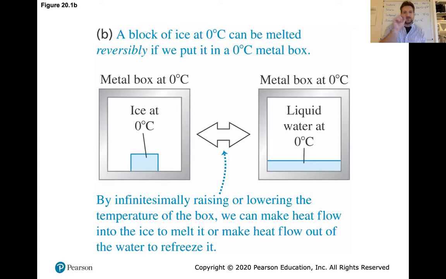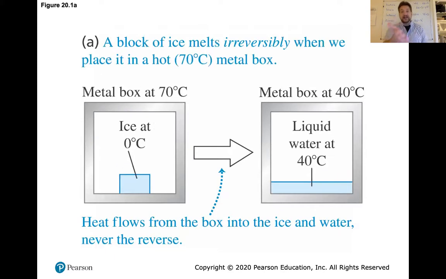And then if we just nudge it the other way, if we decrease the temperature of the metal box by just 0.000001 degrees Celsius, we can induce thermal transfer the other way and refreeze the ice. And we can do that with infinitesimal temperature changes without changing from 0, basically. We can do freezing and thawing and freezing and thawing and freezing and thawing.